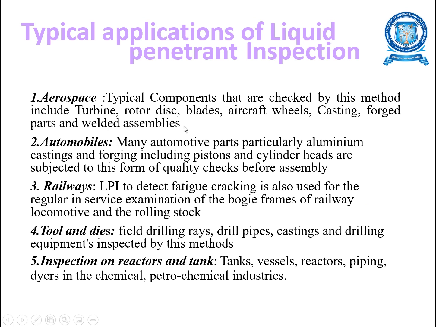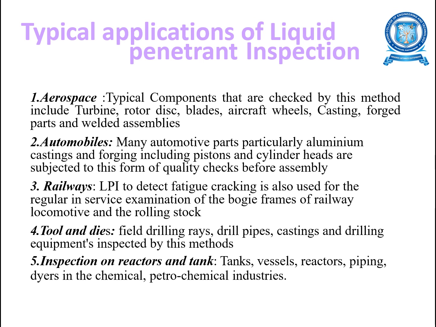And coming to the applications of liquid penetrant testing, this method is used in aerospace, where typical components checked by this method include turbine rotor disc blades, aircraft wheels, castings, forged parts, and welded assemblies. It is used in automobiles, where most parts, particularly aluminum castings and forgings, including pistons and cylinder heads, are subjected to quality checks before assembling them.